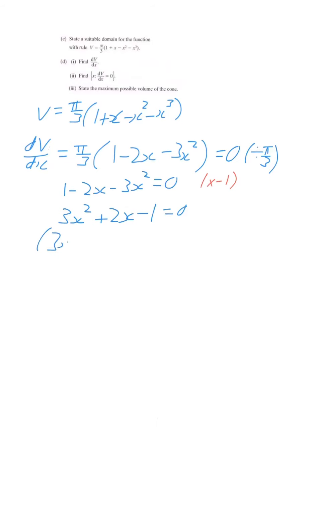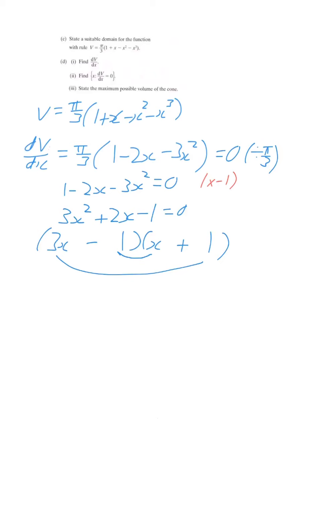So I'm going to have 3x here. So 3 is a prime number, so it's going to have to be 3x and x. Then for my constant 1, it's going to have a 1 and a 1. Now the signs are important. I'm going to have a plus here and a minus here, because 3x times 1 would be 3x, minus 1 times x will be minus 1x, and 3x minus 1x will be plus 2x.